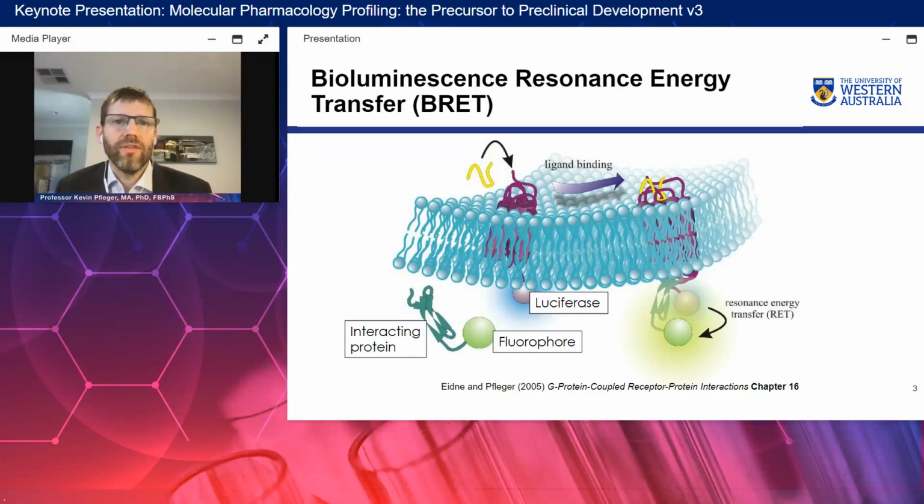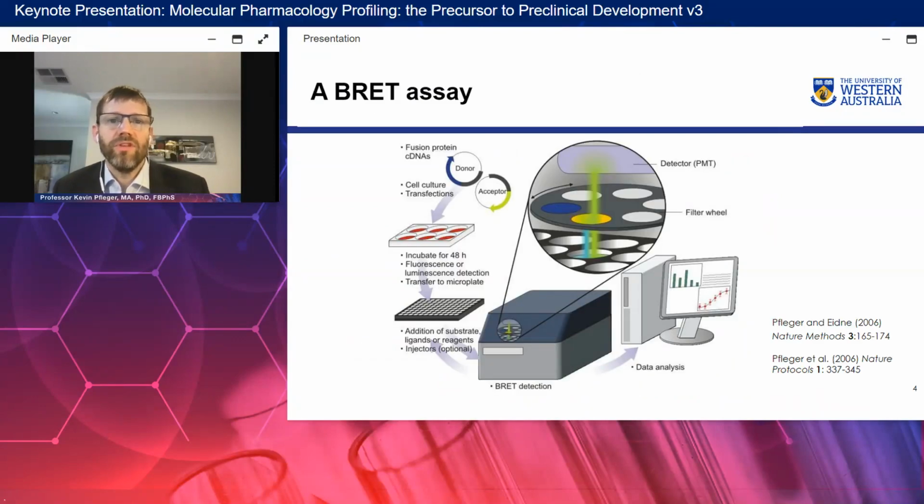And as a consequence, we can then say that we have increased protein-protein proximity, or indeed ligand-receptor proximity if we're looking at a binding assay. A BRET assay involves transfecting cells.